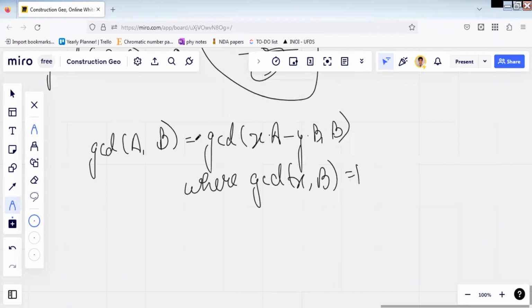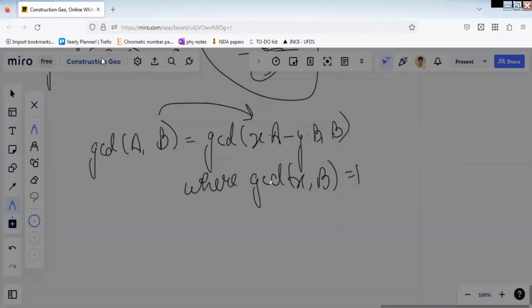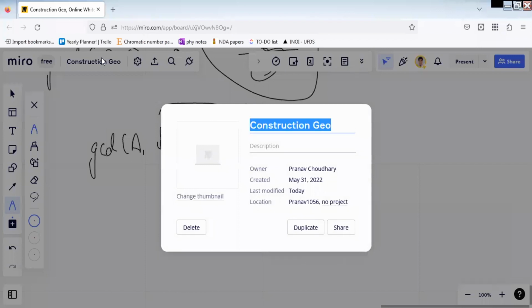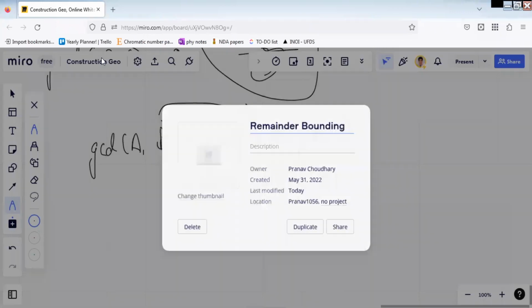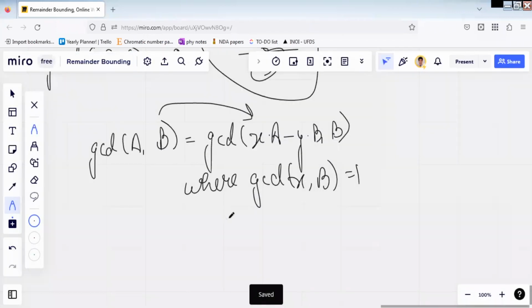So does everyone get that? Why should this be true? If not, then I can tell you, take a minute or two and think, why is this true? Also, I think x is not equal to 0. Yeah, now this should be fine.